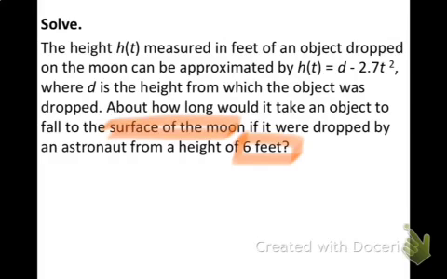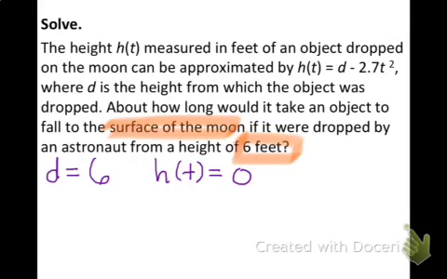Okay? Because if we're taking something and we want to know when is it going to hit the ground or the surface of the moon, basically what they're telling us is that D is equal to 6, because that's the height that we're dropping it from. And H of T is 0.